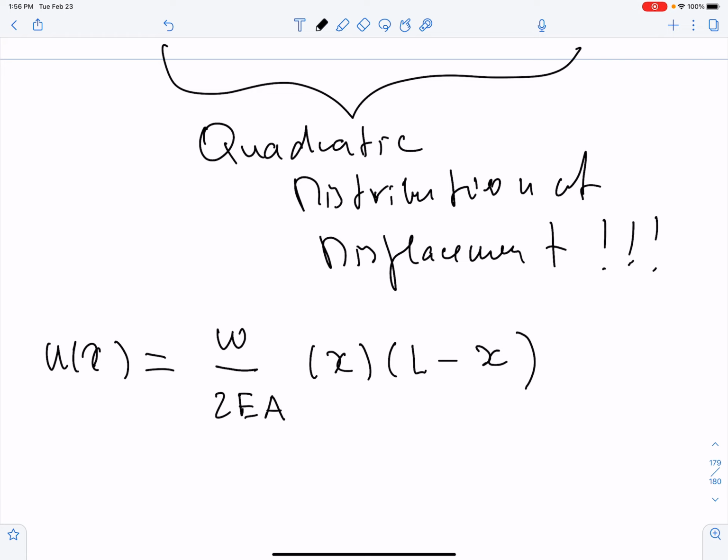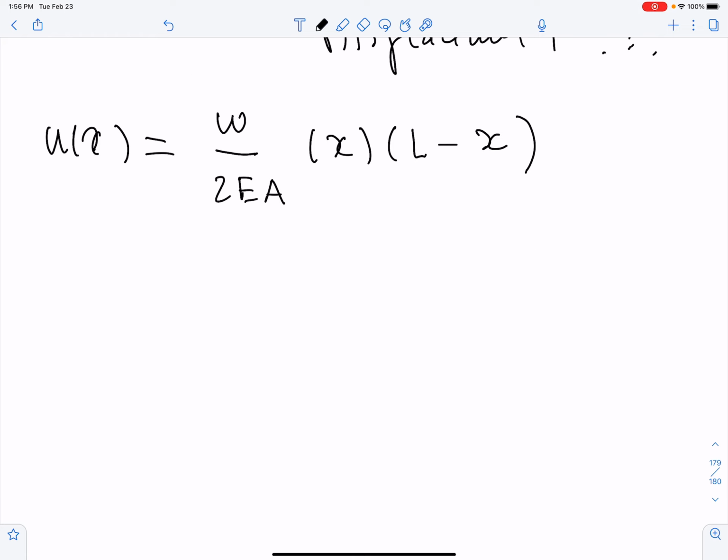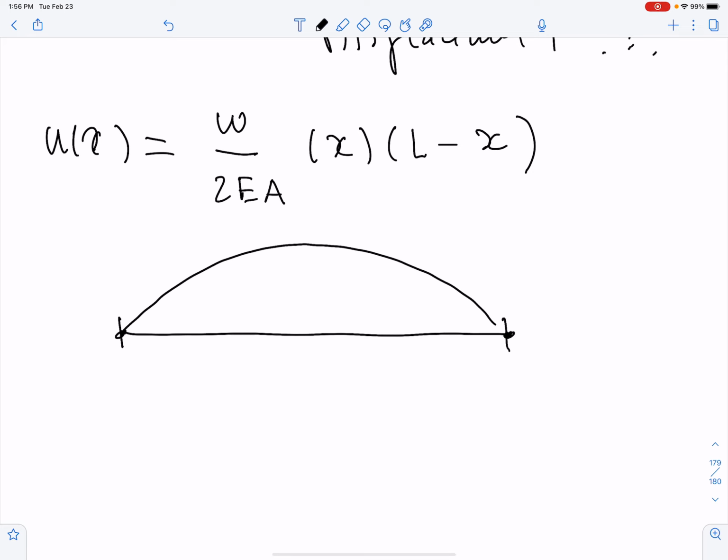Good, right? So if you were to plot this, okay, you know that you're going to be 0 here, you're going to be 0 there, okay, and you get a parabolic profile in between, that looks like this.